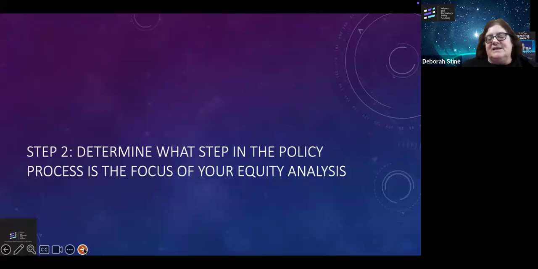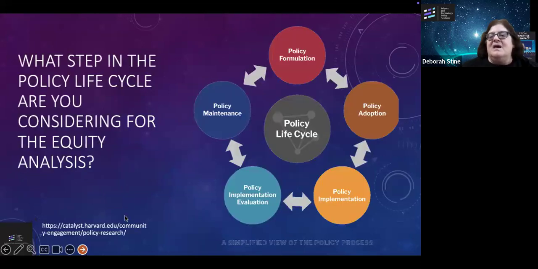So the second step is looking at where you are in your policy process. So this is a policy life cycle. And depending on where your activities are, you might be formulating policy, you might be adopting a policy.